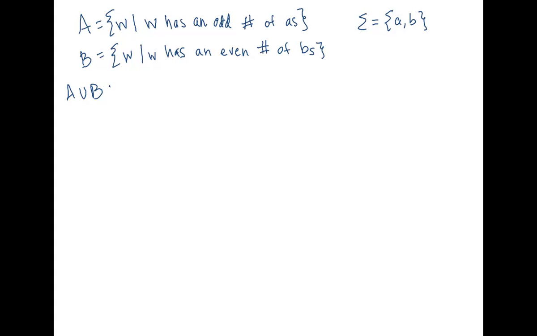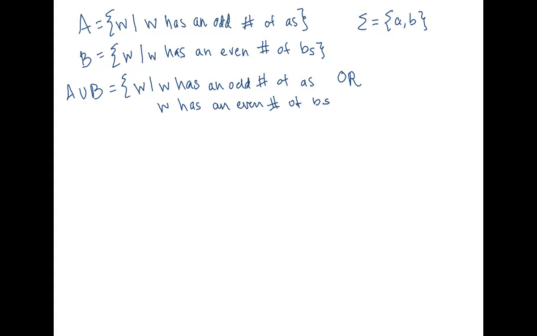Well, it's going to be anything in A and anything in B. So W such that W has an odd number of A's, OR, I'm going to make this uppercase just to make sure we're very clear that it's an or, W has an even number of B's.